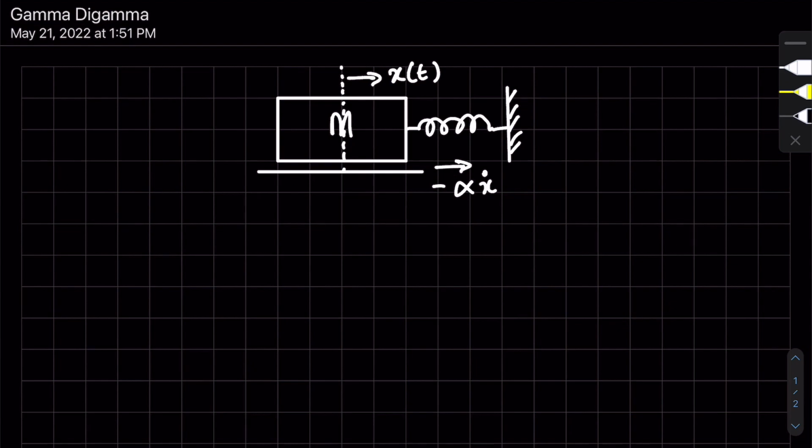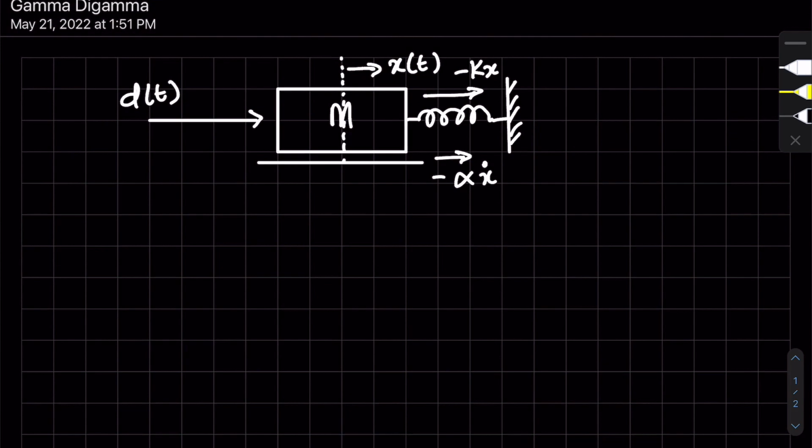And of course, the force from the spring is the restoring force given by Hooke's law. So it's minus kx in the opposite direction to the displacement. But this is also driven, so it's not really operating at its natural frequency. It's going to be driven by some external driving force d of t, which is periodic naturally, function of time.